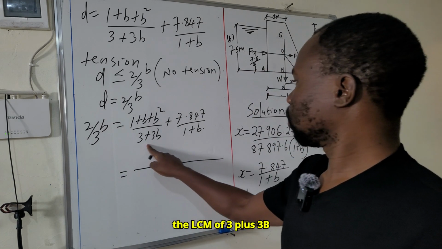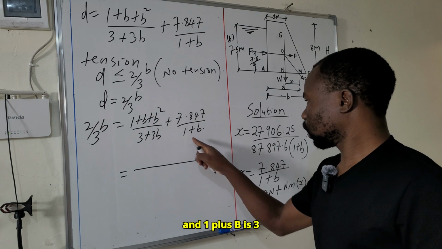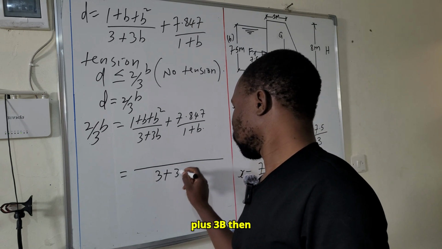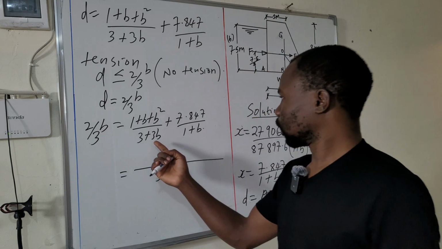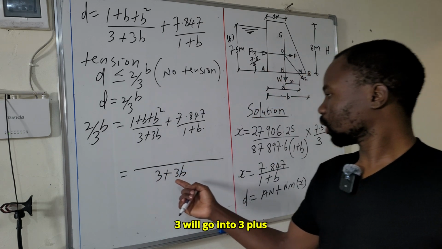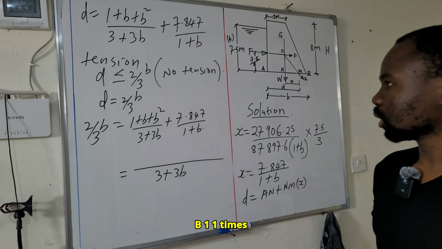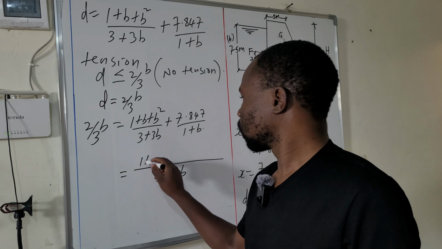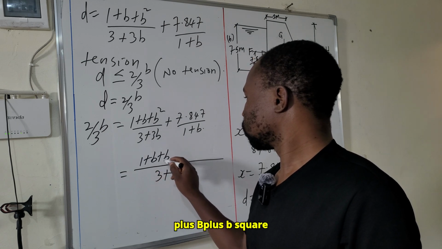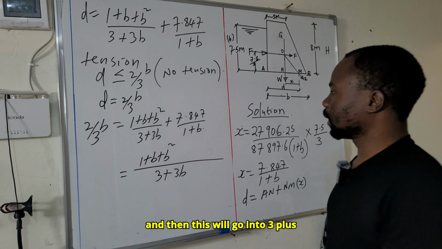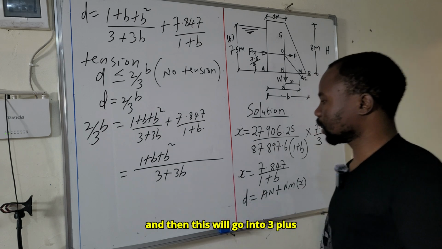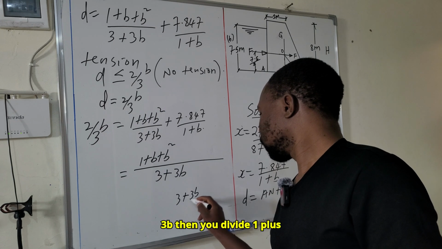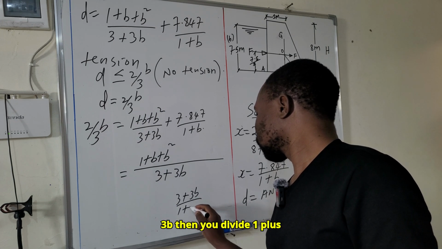The LCM of 3 plus 3b and 1 plus b is 3 plus 3b. Then 3 plus 3b will go into 3 plus 3b once, times this expression, it will be (1 plus b) square.